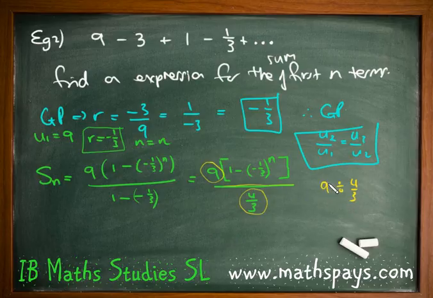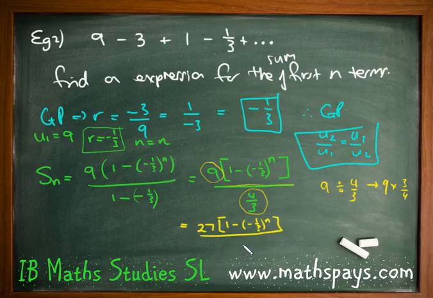Otherwise, you might remember that's dividing by a fraction, so we can times and flip. Which means we could simplify this to be 27 brackets 1 minus brackets -1/3 to the power of n, all over 4 on the bottom there, and it's just a bit more simplified, you know what I mean?